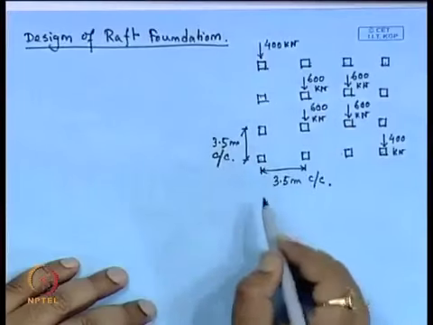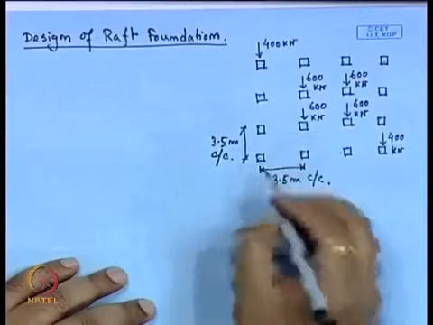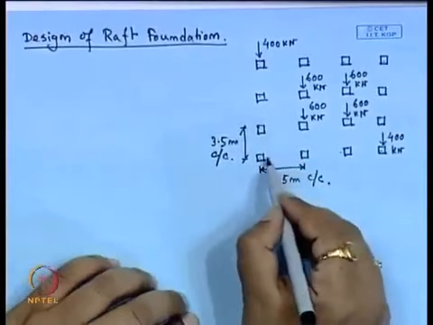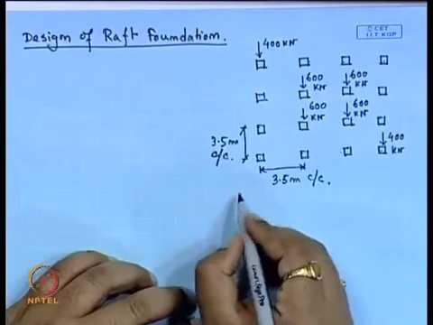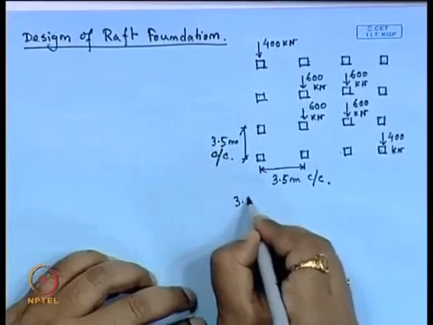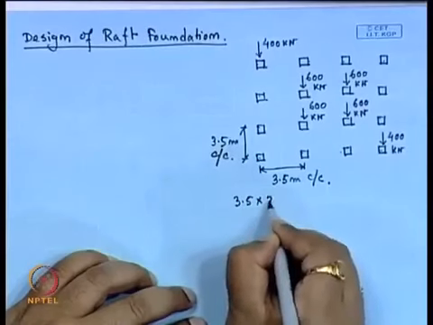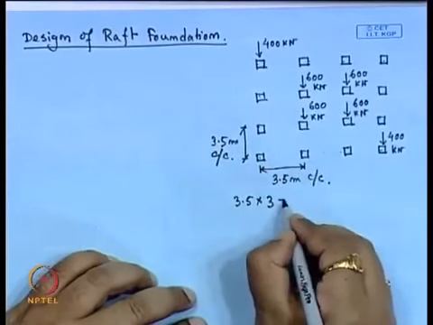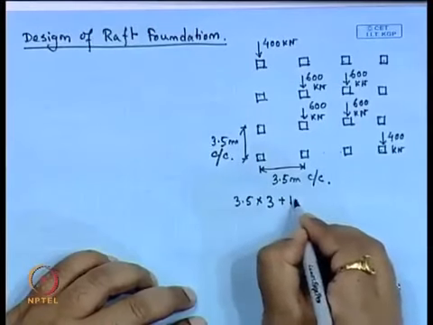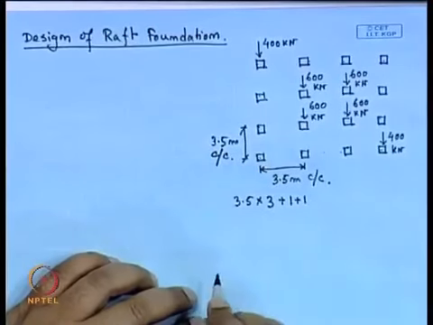Now, first we will choose the dimension of each footing. From this x direction, the dimension for this side that we are choosing is 3.5 into 3, because there are 3 spans, 1, 2, 3, and then we choose initially 1 meter on each side.